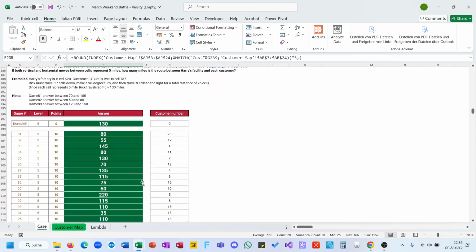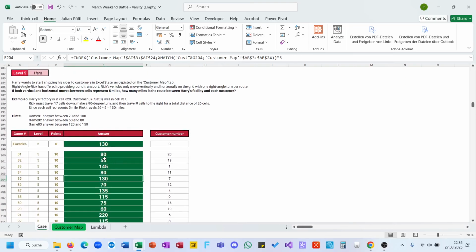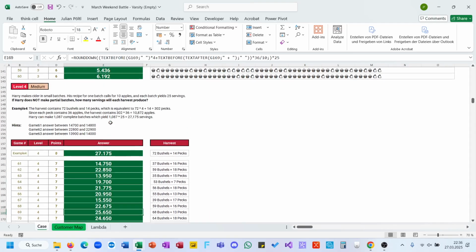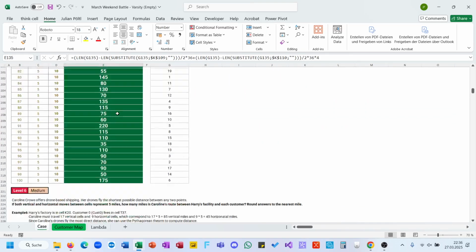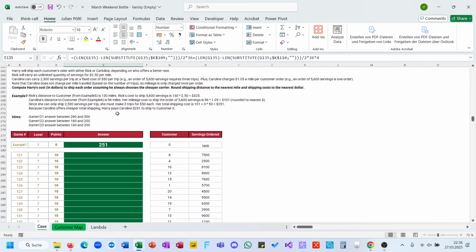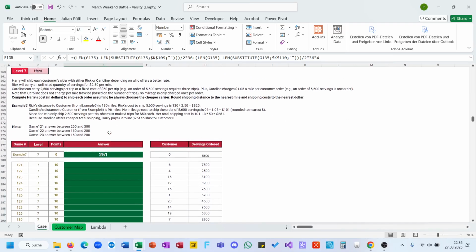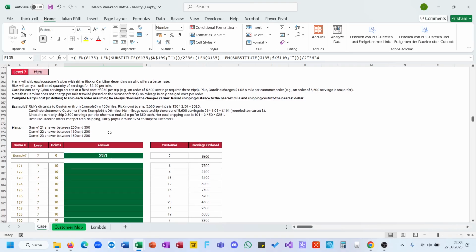Yes. Okay, there's no rounding involved here. There's rounding, but round down because no partial batches. Should be fine. Okay, level 7. Okay. Now it's getting interesting.